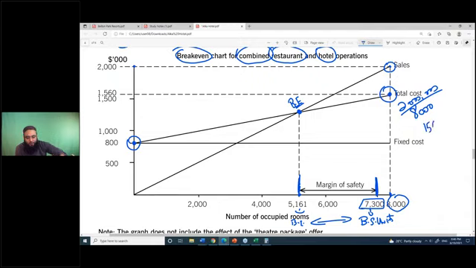If I do 1560 minus 800 here, I get the variable answer, which is 760,000, and this variable is based on 8,000 rooms. Variable cost per unit is something that remains constant if nothing is mentioned, so we assume that to remain constant. If I divide this by 8,000, I will get the per unit variable cost as well.